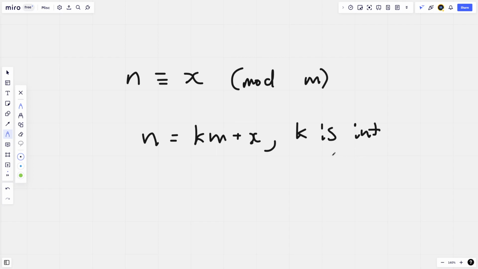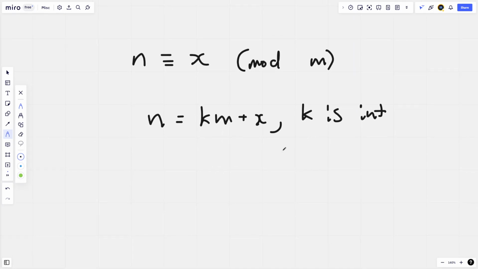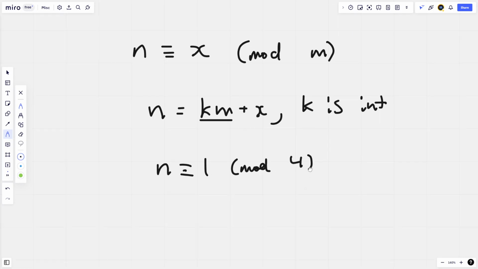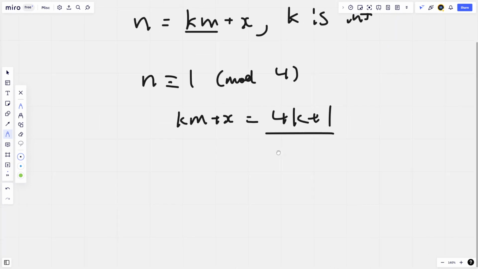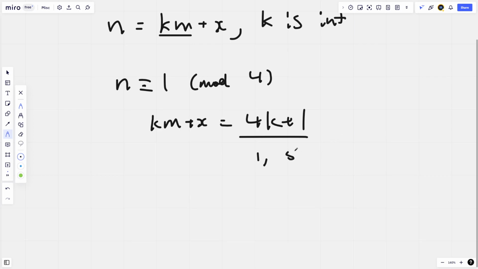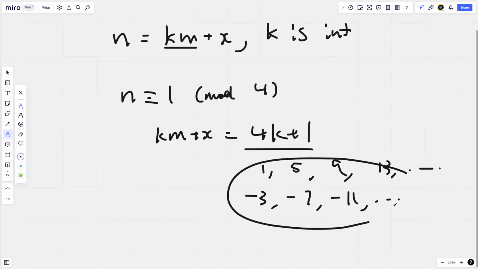What this means is it's x larger than a multiple of m, because km is some multiple of m. So let's say n is equivalent to 1 modulo 4, then what could n be? Well, km plus x is equal to 4k plus 1. So going through all the values of k starting from 0, we have 1, 5, 9, 13, etc. And going down, we have -3, -7, -11, etc. And you should be able to easily see that these are all equivalent to 1 mod 4.